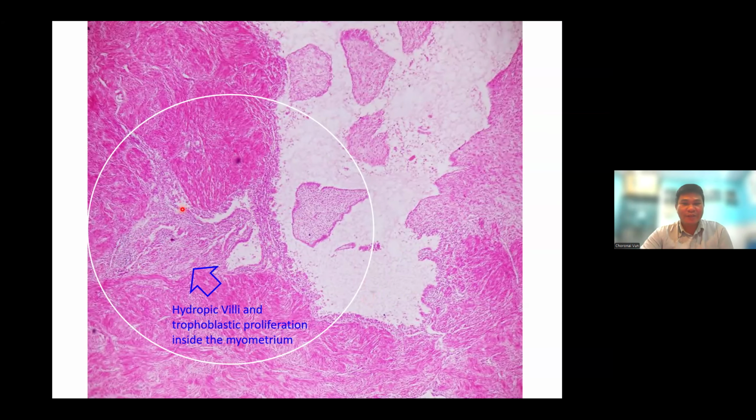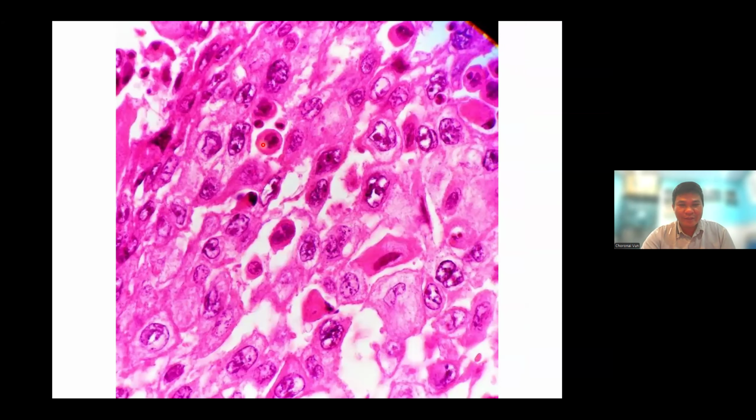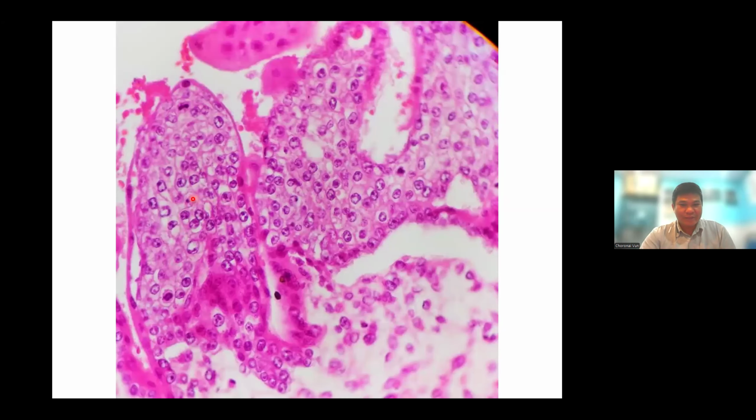This picture shows a little bit proliferative or atypical syncytiotrophoblast. There is mitosis in the syncytiotrophoblast, but only a little, not much. Some mitotic features are shown here, but not much.